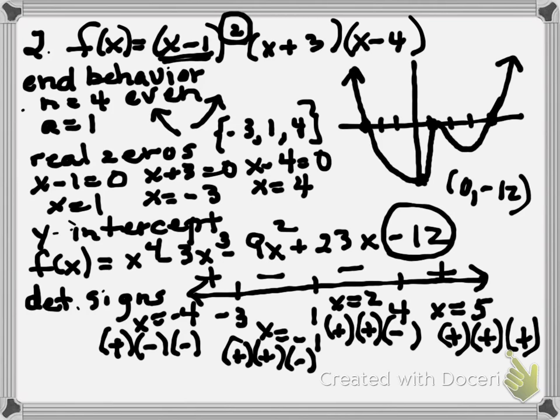Between positive 1 and positive 4, I can pick values by the intermediate value theorem and figure out that value. But I know that I'm going to have at most 3 turning points because the degree was 4, 4 minus 1 is 3. But because of the multiplicity, (x minus 1) to the second power, it's only going to touch the graph at 1. It's not going to cross it.